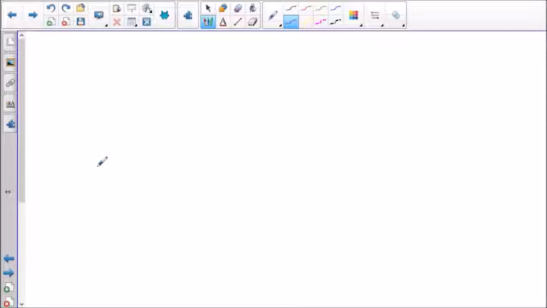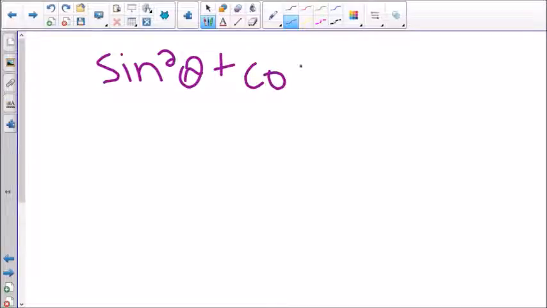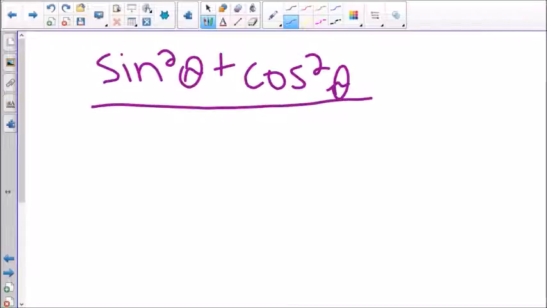So that would end up with sine squared theta plus cosine squared theta over sine theta times cosine theta.